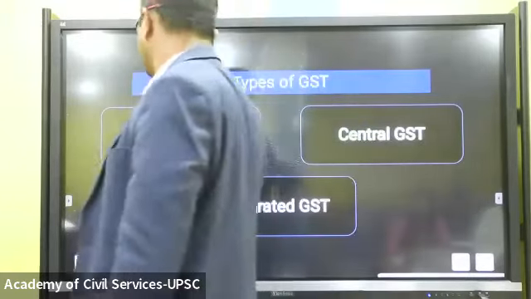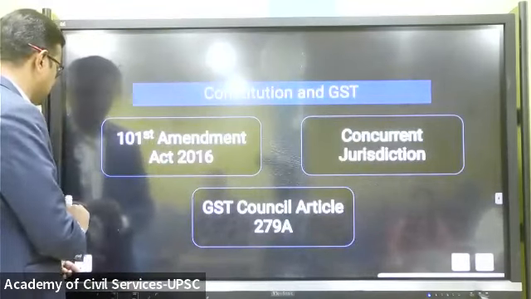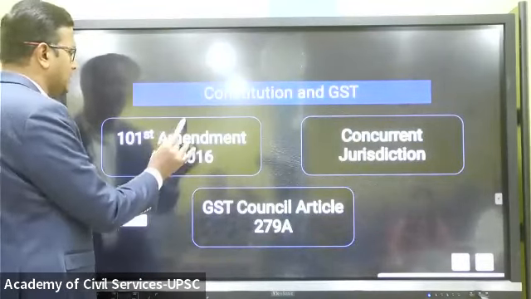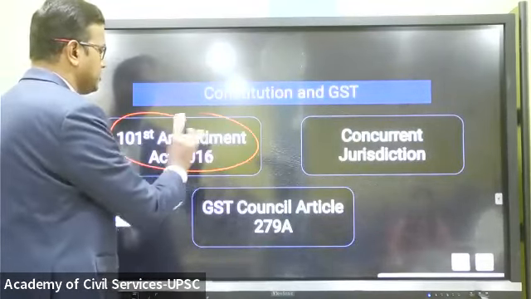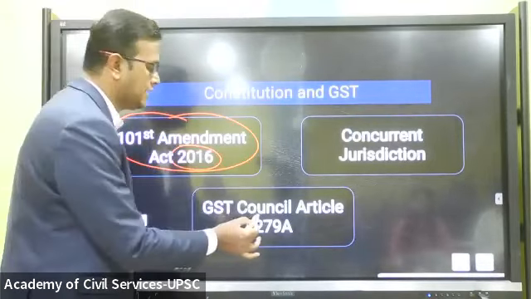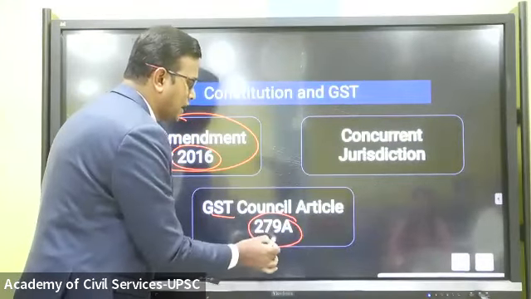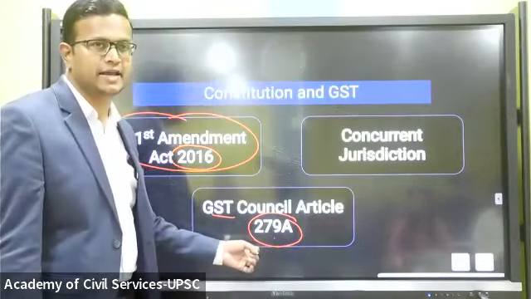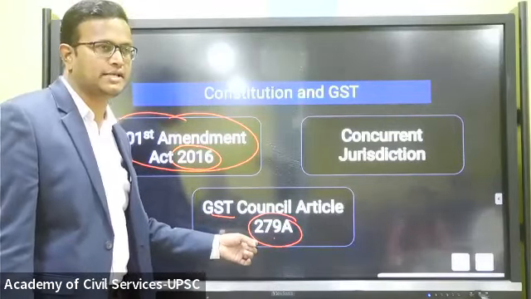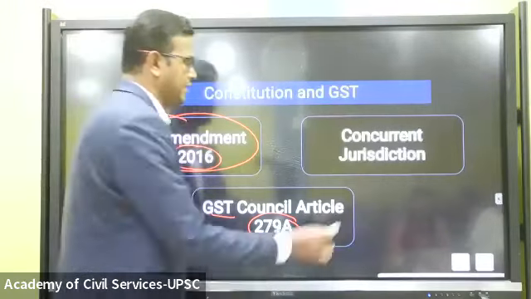Coming to the next point regarding GST and the Constitution, as I explained earlier, the 101st Amendment Act 2016 has introduced GST. It has added a new article into the Constitution, that is the GST Council under Article 279A. The GST Council is a constitutional body under Article 279A.